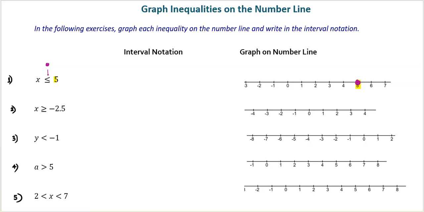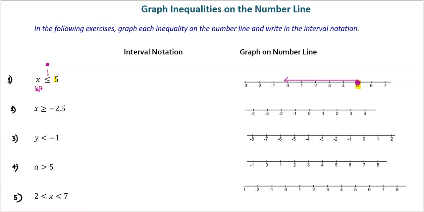And since it's less than or equal to, less means left, so from here, move towards the left. This is how you represent it on a number line. Let's first see how to represent all this on the number line, and then we will see how to represent them using interval notation.